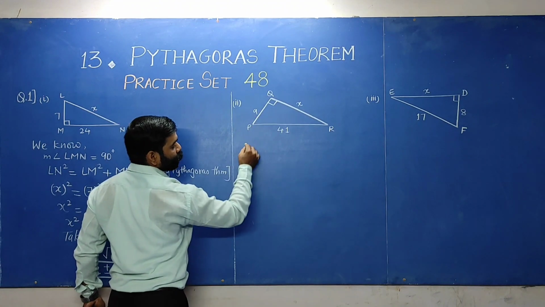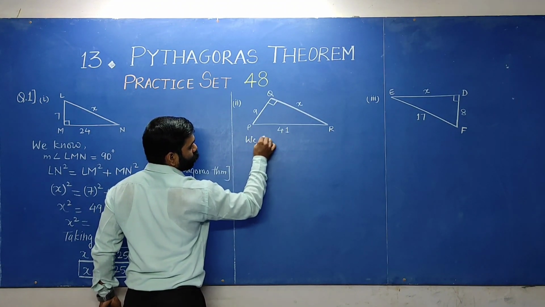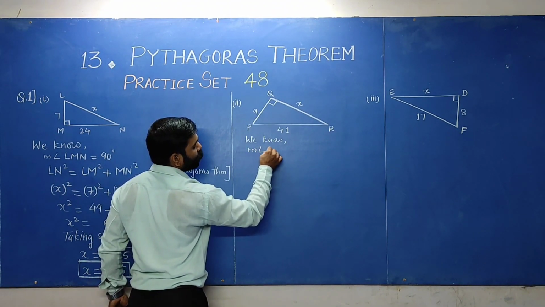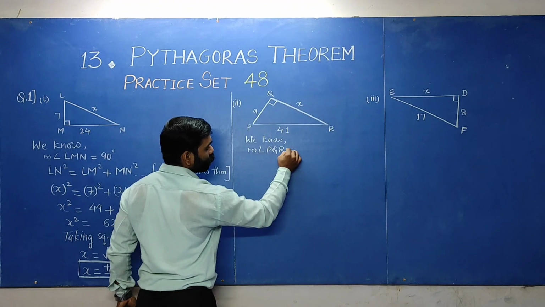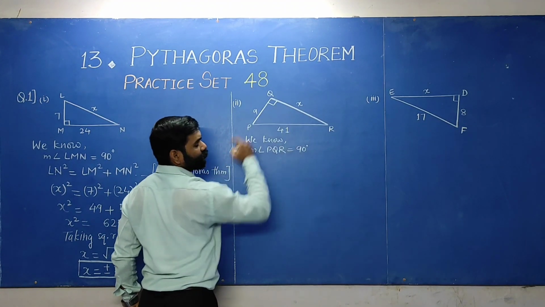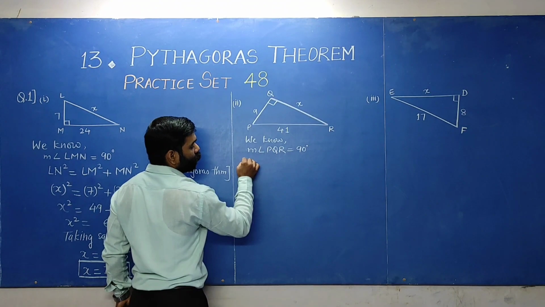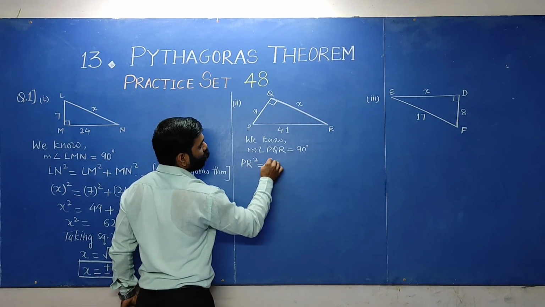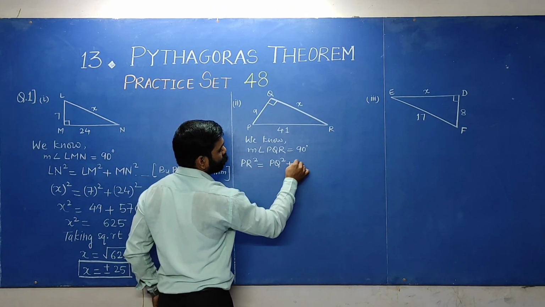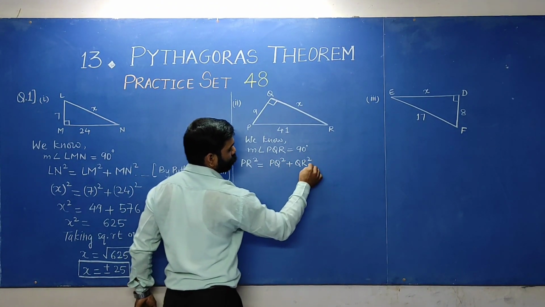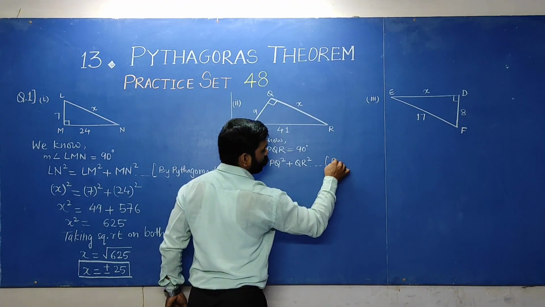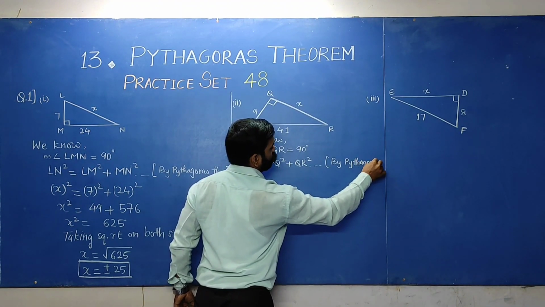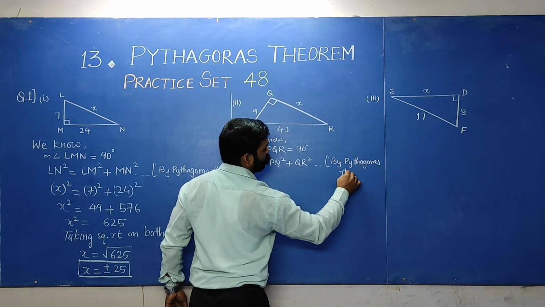Second question is given as, we know, again I am writing the same way, measure of angle PQR is equal to 90 degrees. It is given as 90 degrees. So PR square is equal to PQ square plus QR square, the same way by Pythagoras theorem.